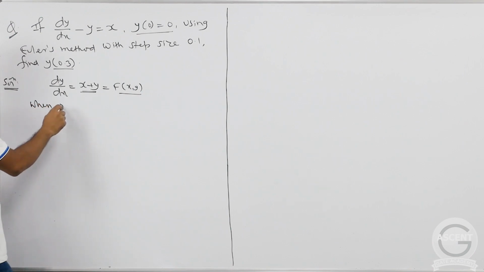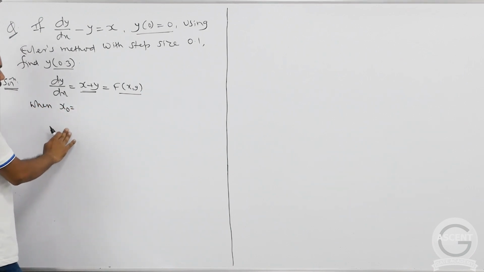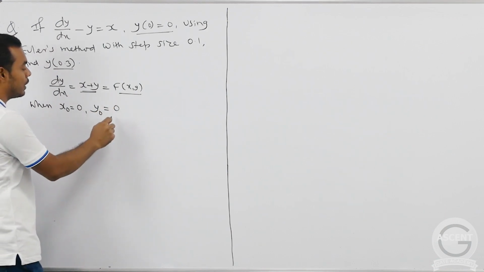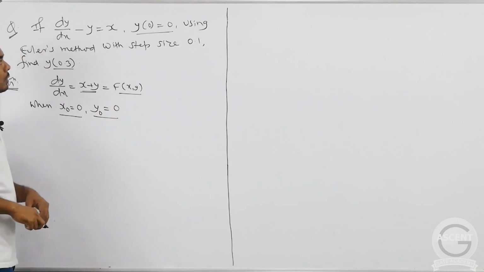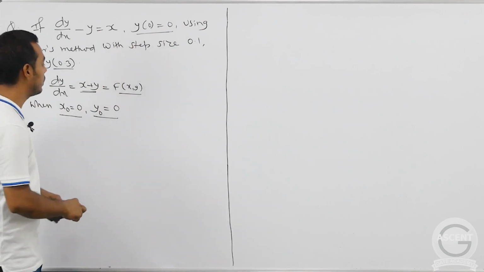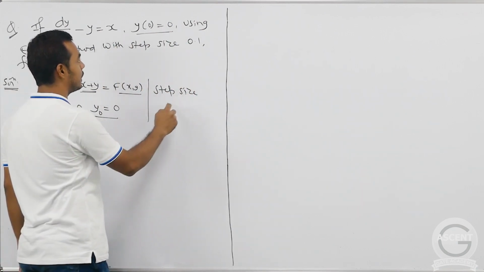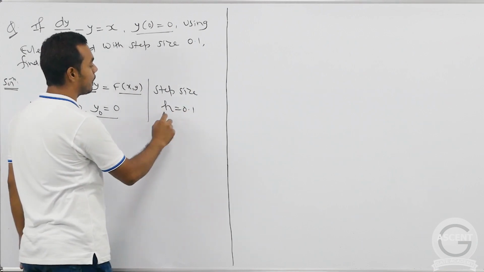When x is 0, we can call this x0. So when x0 is 0, the value of y is y0, and y0 is also 0. The step size given to us is h equals 0.1.